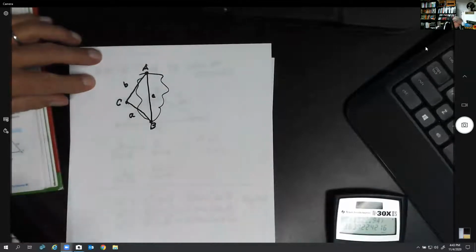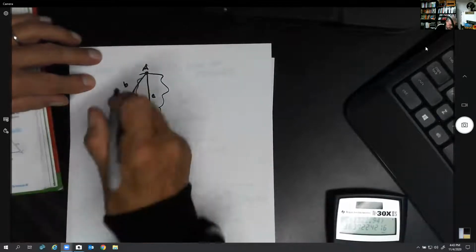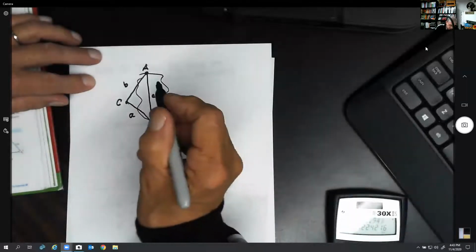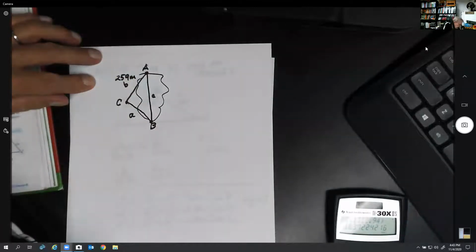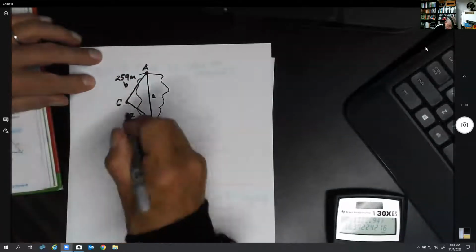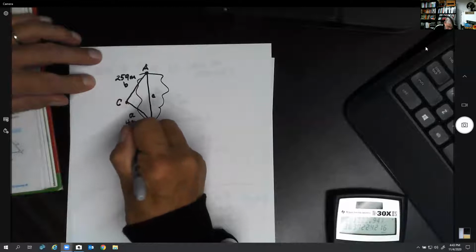So she finds that b is 259 meters, and a is 423 meters.